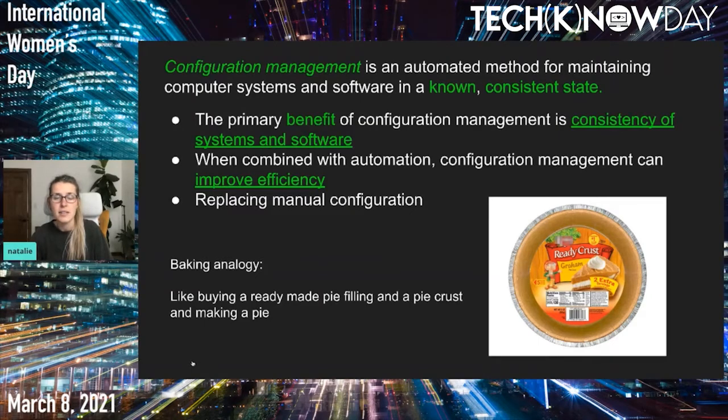management. And if I try to translate that into a baking analogy, I can say when you're a big bakery and let's say you have a process of delivering pies, then when you have a ready pie filling ordered from, say, a third party and a ready crust, and you're just making a pie in the end, this is kind of what this concept is about, because you know what pie crust you're getting and what kind of filling is there.